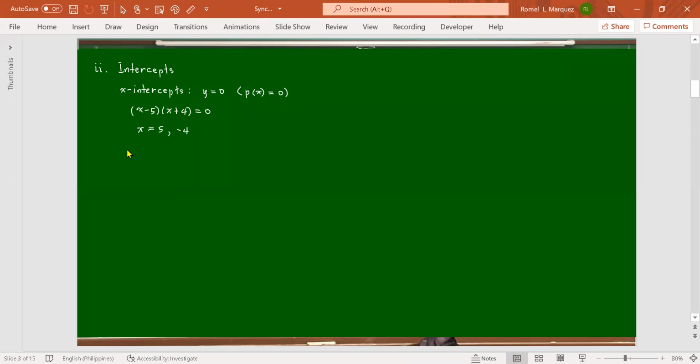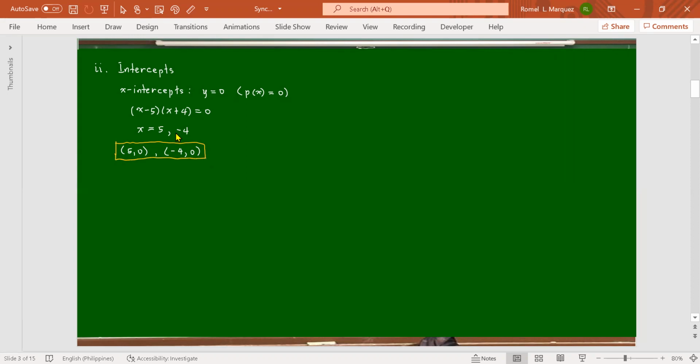Yes, sir. So what are the x-intercepts in terms of points? (5, 0). What else? (negative 4, 0). So meaning the x-axis will be intersected at the following points. Next, what about the y-intercept?